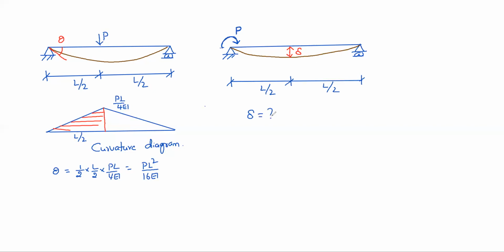Delta equal to question mark. If you know this reciprocal theorem, directly you can say delta equal to PL square by 16EI, because P is applied at center, then rotation at end is theta, that you know, PL square by 16EI.